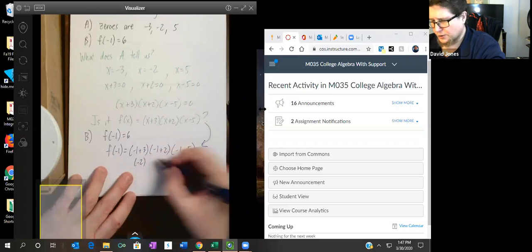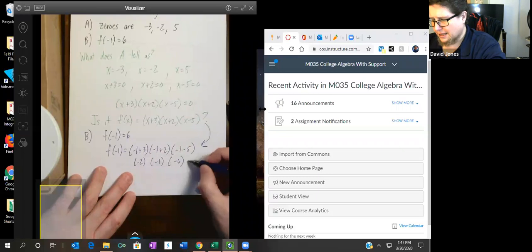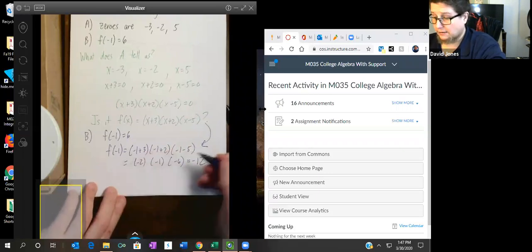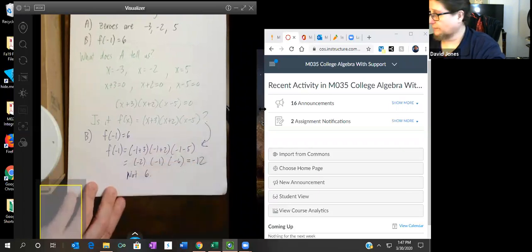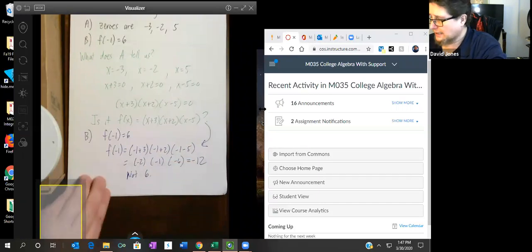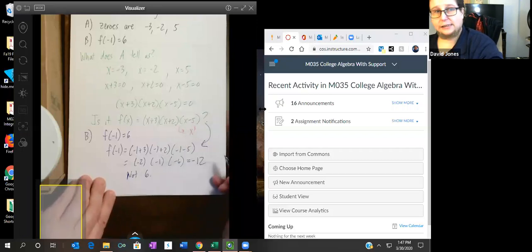That is 2, 1, -6, and that multiplies to -12. Not 6. So something's missing. The problem is that we're saying that if we multiply it out, the leading coefficient is x cubed.